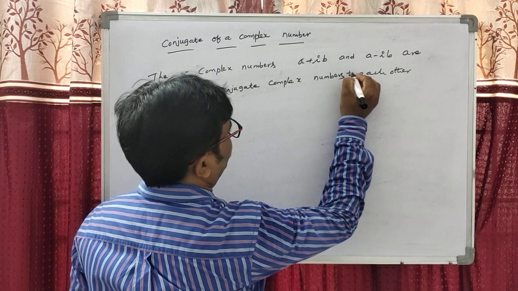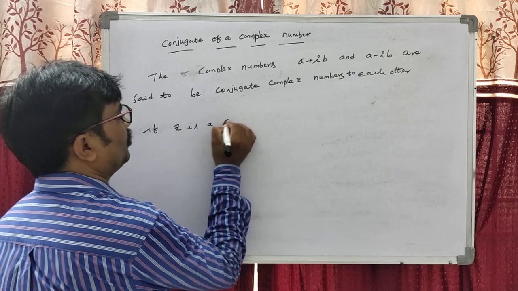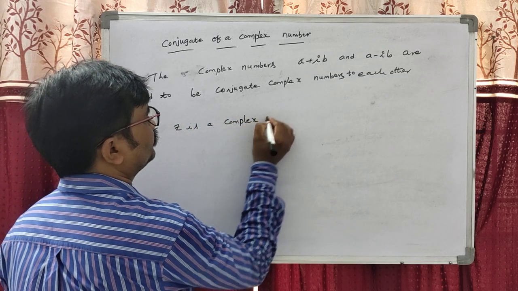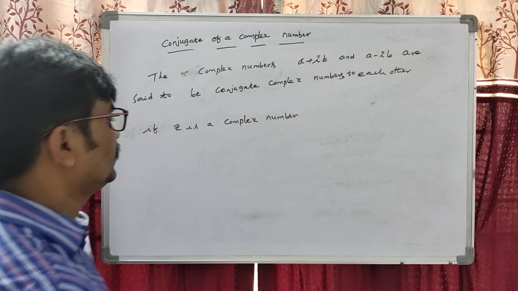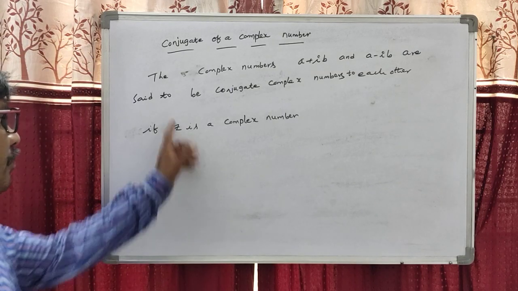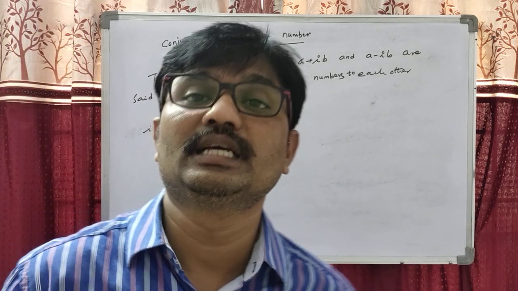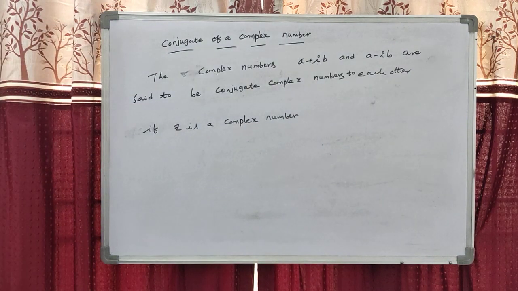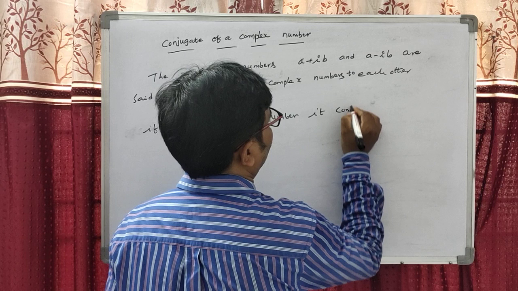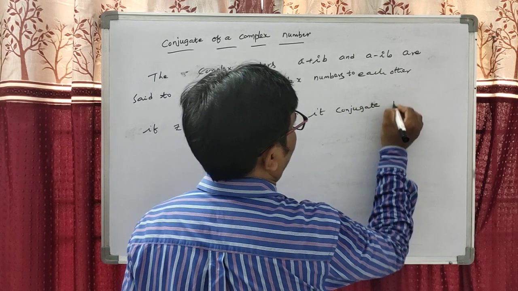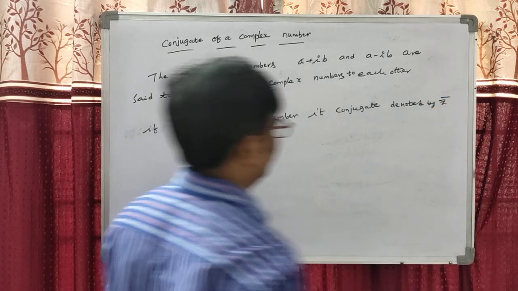After then student, if z is a complex number, then its conjugate complex number is denoted by z bar.